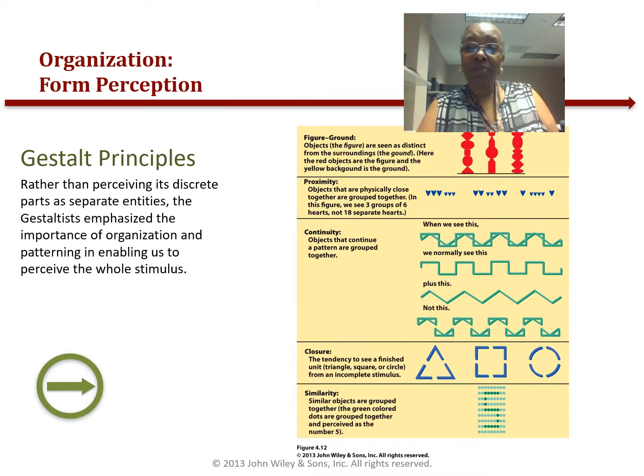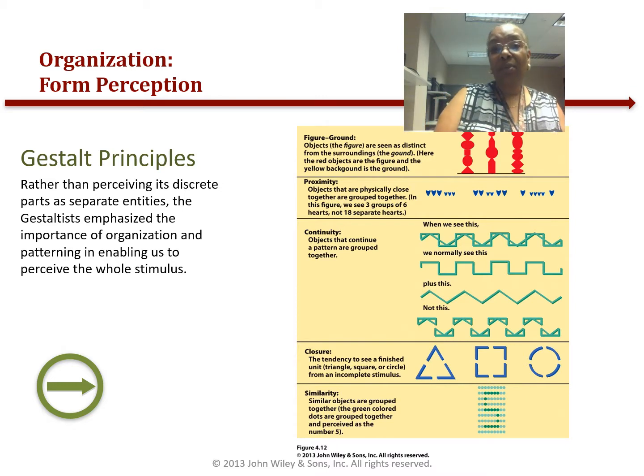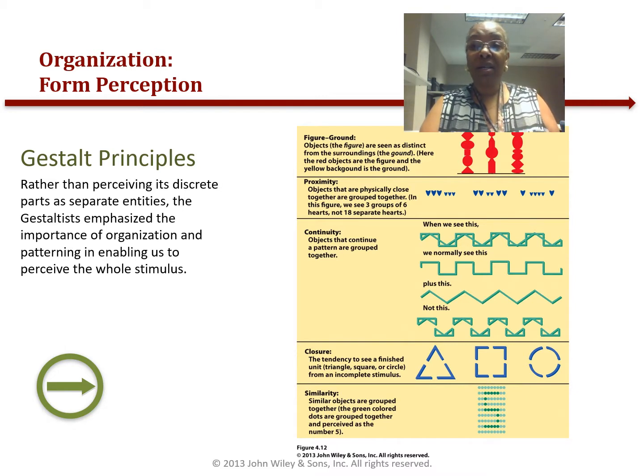Form perception: Gestalt psychologists are among the first to study how the brain actually organizes sensory impressions into a Gestalt. Gestalt is a German word meaning form or whole. These psychologists emphasize the importance of organization as well as patterning in our ability to perceive the world in a stimulus rather than just perceiving its discrete parts as separate entities.